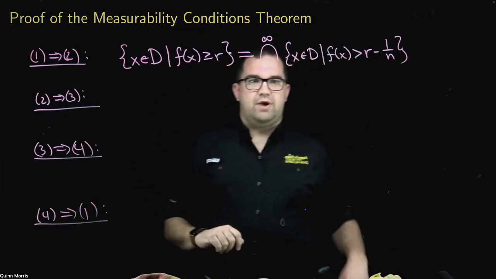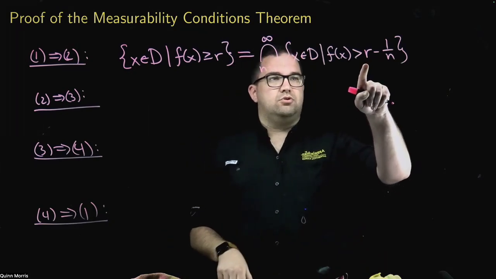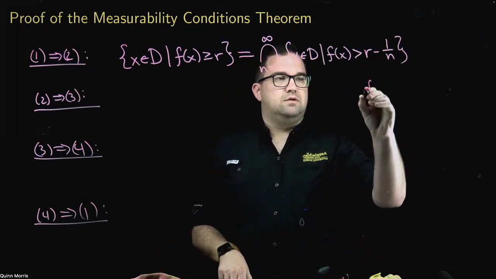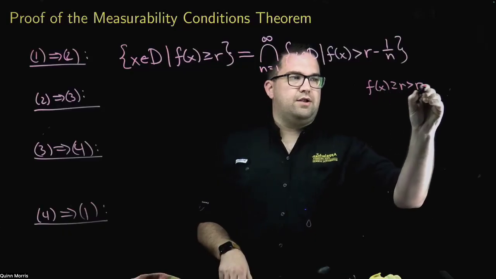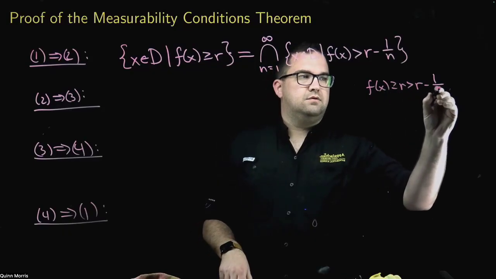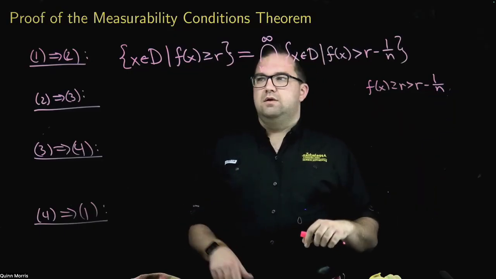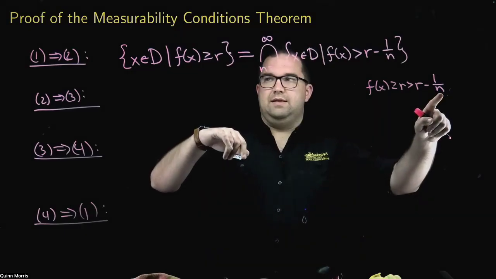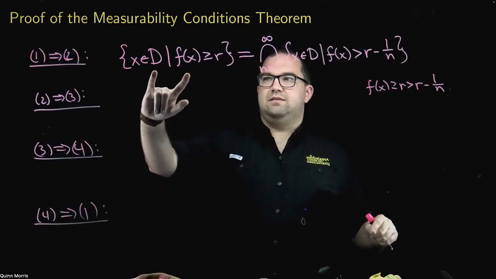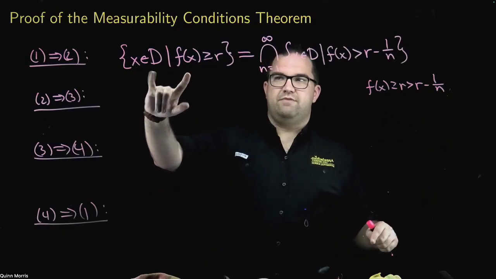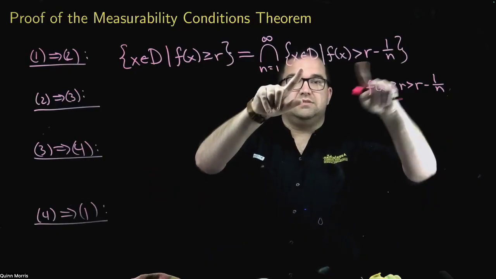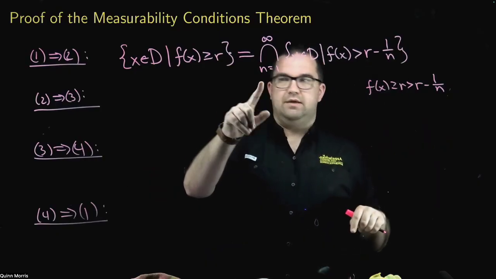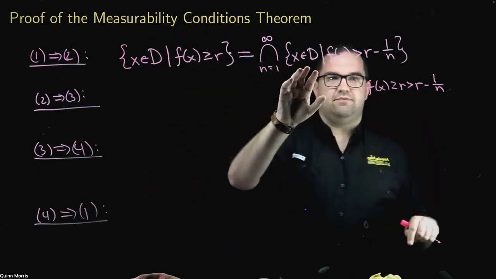Well, if f of x is greater than or equal to r, then it's certainly strictly greater than r minus something, for every n. So if x is in the set of all x such that f of x is greater than or equal to r, then it's in every one of these sets, so it's in the intersection. Okay, so the left-hand set is a subset of the right-hand set.